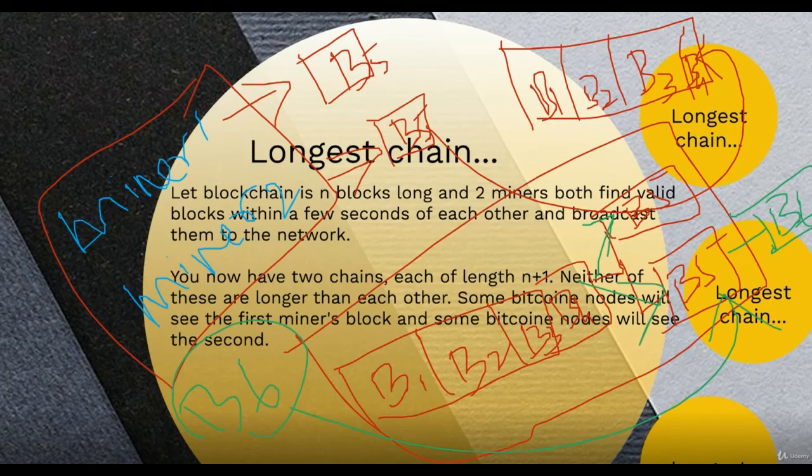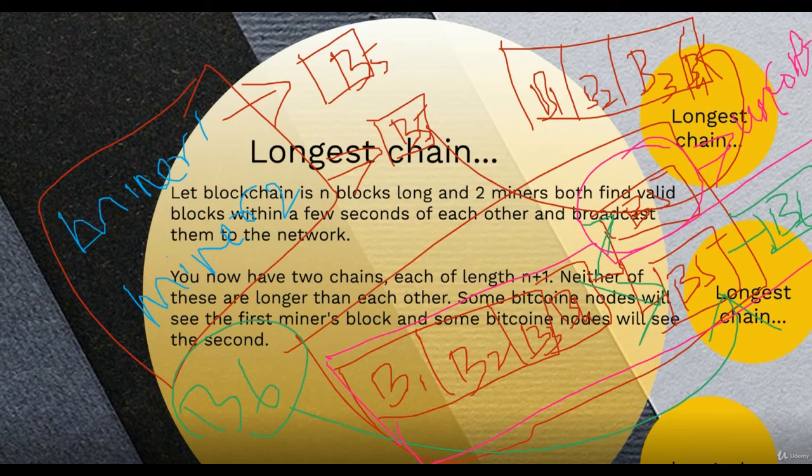Now what happens to our transactions is that the other block does not become invalid, but its transactions become unconfirmed. Whatever transactions are in this block B5 will be called unconfirmed transactions. It is not taken out of the blockchain, but it is called unconfirmed transactions.